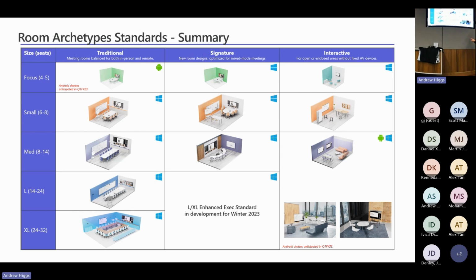We're doing a lot of work around testing camera fields of view and spatial audio, and what types of materials can cause harm for spatial audio to work, for example. And that's where we started experimenting with layouts like front row.